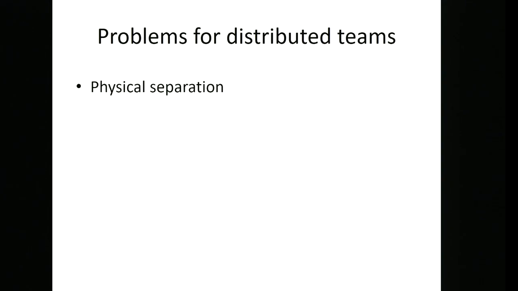But if you are physically separated, then any communication, you can't gather around the whiteboard so easily, even with good technology. You're going to be using chat or Skype or email or old-fashioned phone calls to actually work together with people.